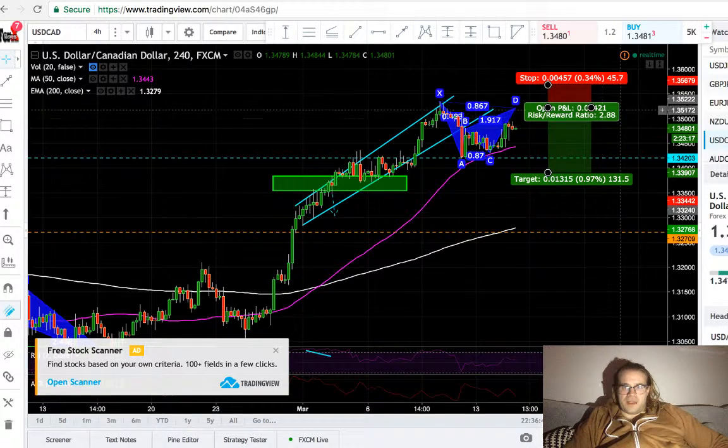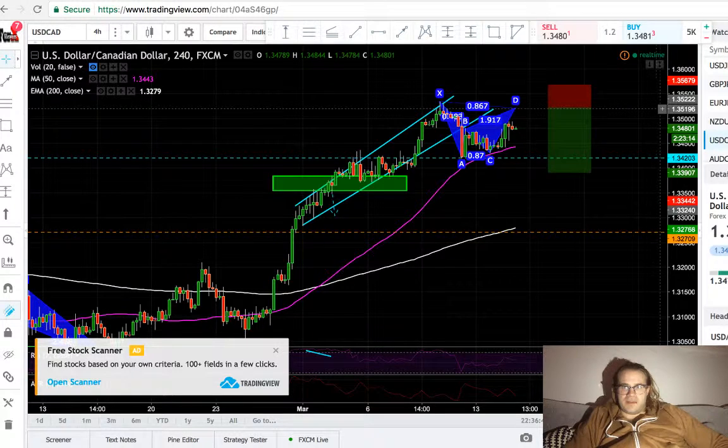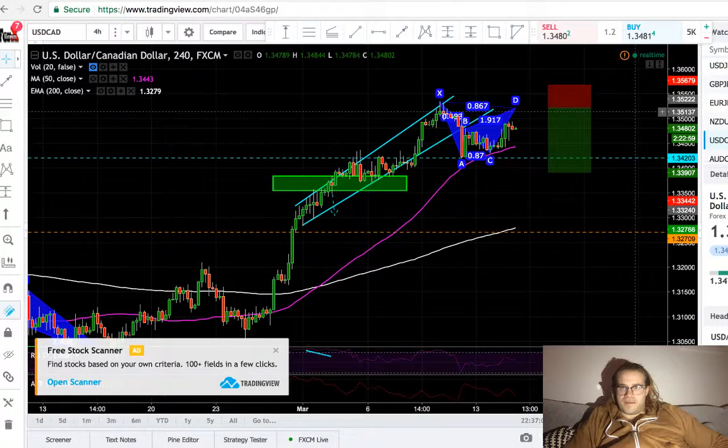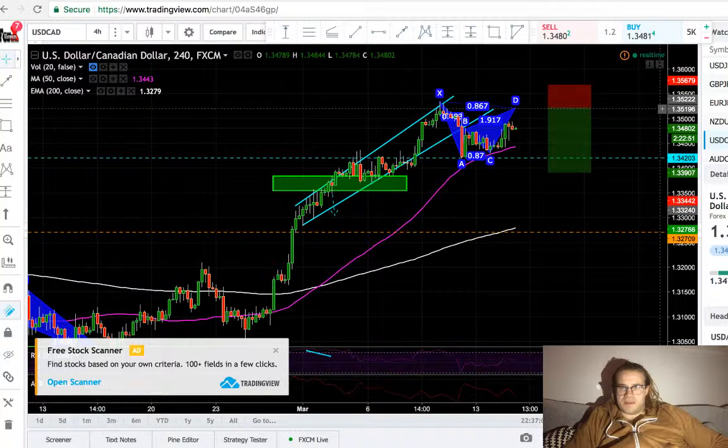I might as well just set a limit here. 35 to right here. Boom. I'm gonna go 6 pips. So it's 13, 12, 20 minus 6 is 14.